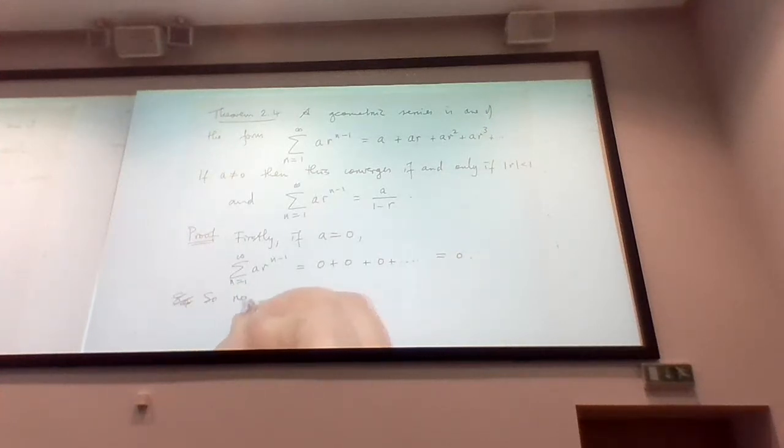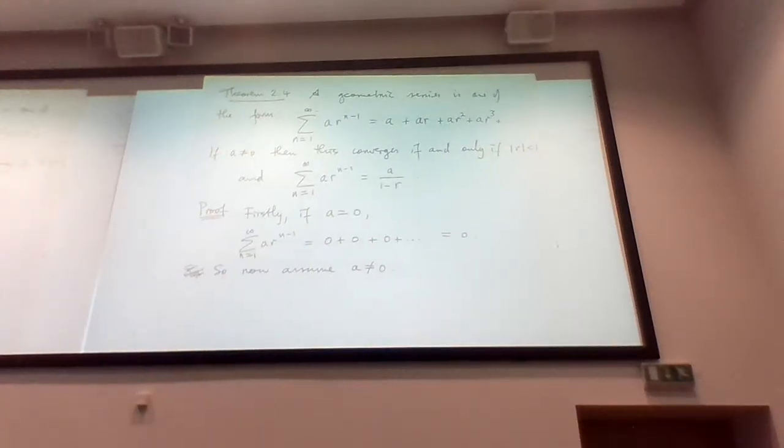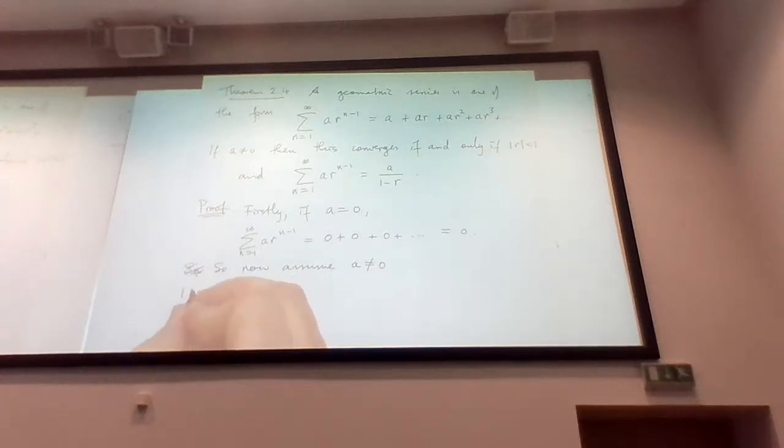So now in everything else we do, we'll assume that a is not 0. Okay? So we've already dealt with the 0 case. One more separate case to deal with. If r is equal to 1, then our series reduces, it's much simpler.